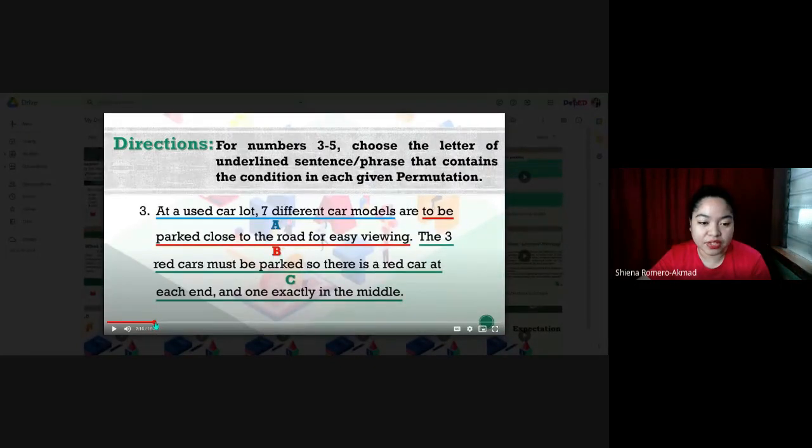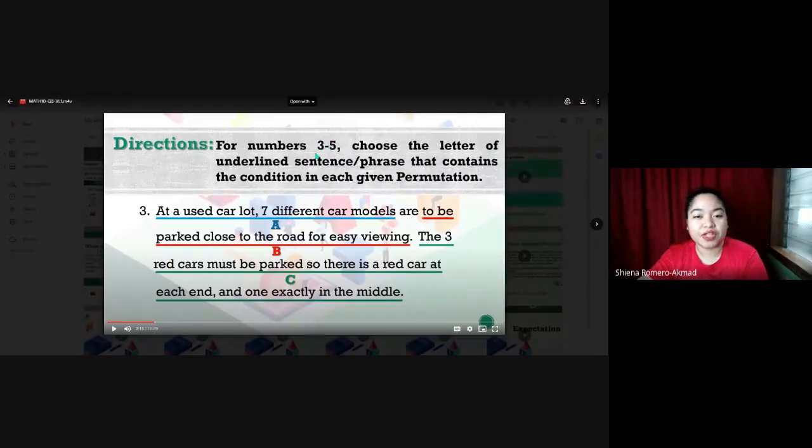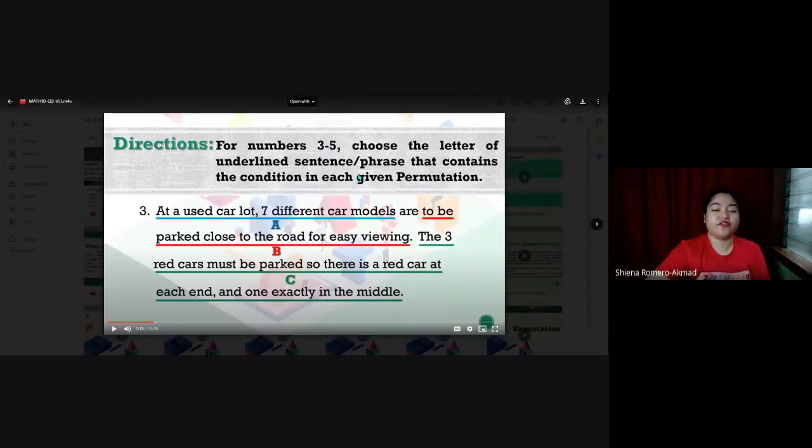Now let's have number 3. For numbers 3 to 5, we have to choose the letter of the underlined phrase or sentence that contains the condition in each given permutation. When we say condition, what is the specific situation given in the problem?